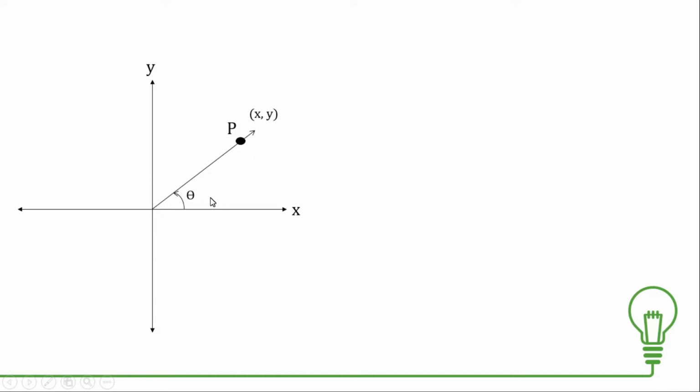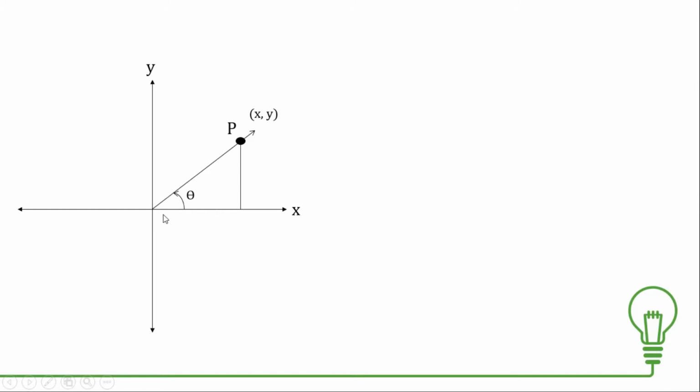Since trigonometric functions are ratios that we derive from a right triangle, we must have a right triangle here. To form a right triangle, we draw a perpendicular line from point P down to the x-axis. Now we already have our right triangle containing our angle theta.